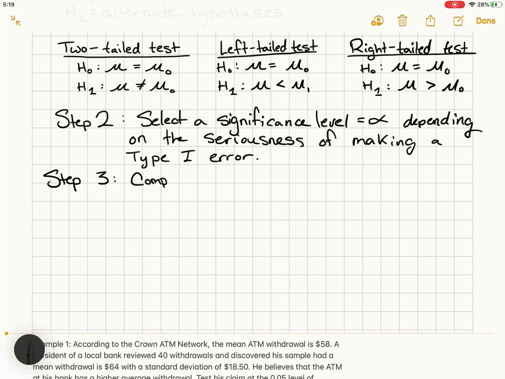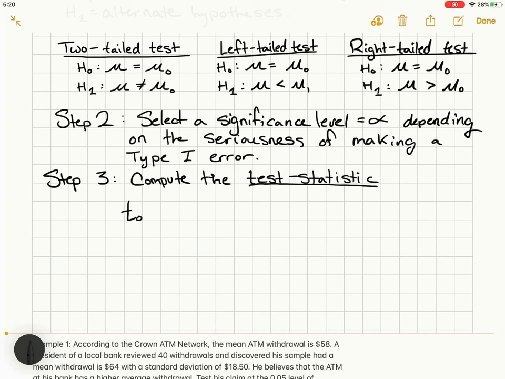What we want to do is compute your test stat. And this is where it becomes a divergence from our other test.